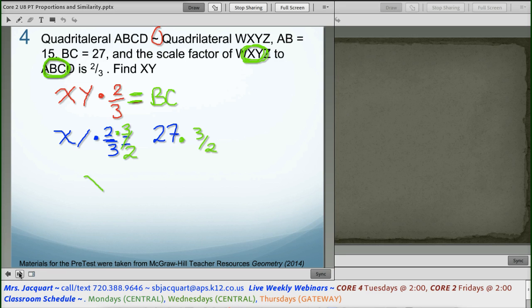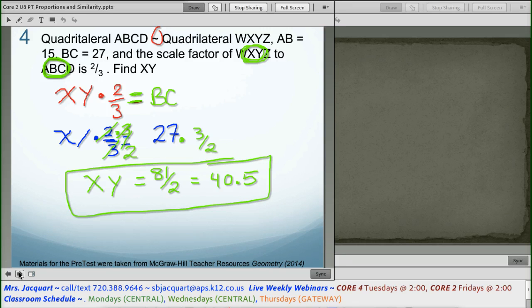Then XY, and that will cancel over here, equals 81/2, which is 40.5. So that would be your XY.